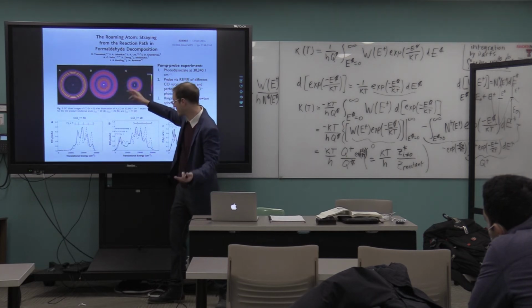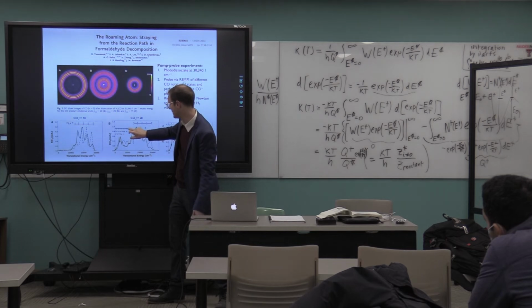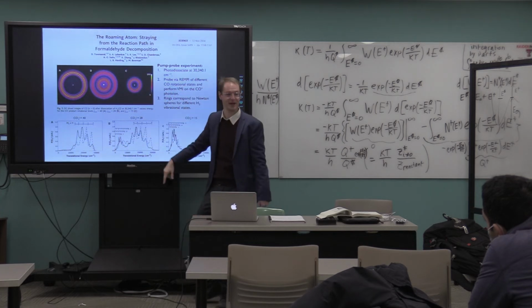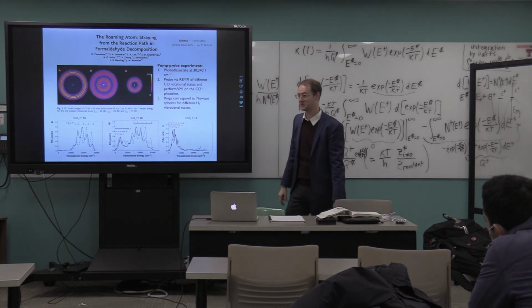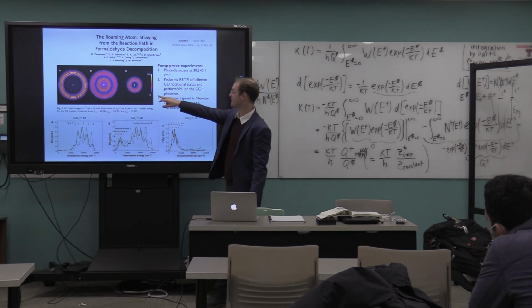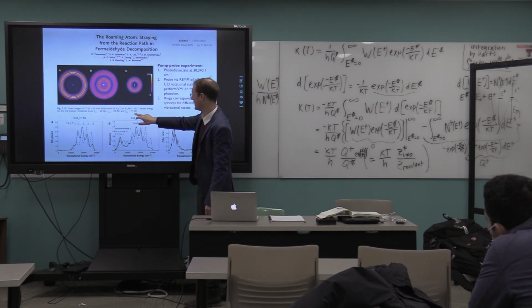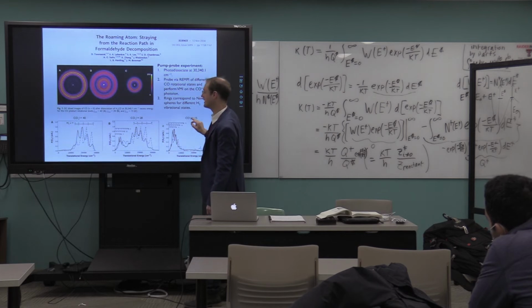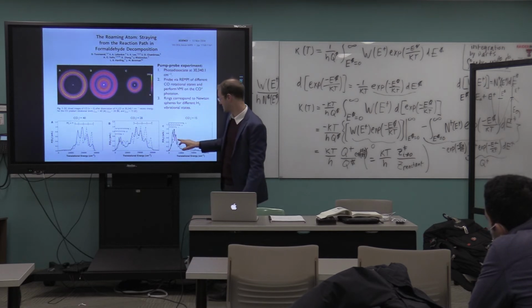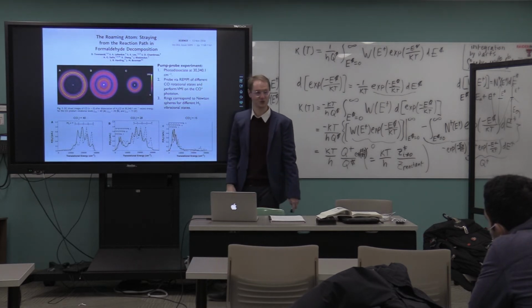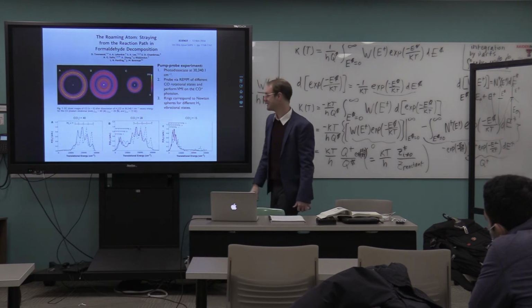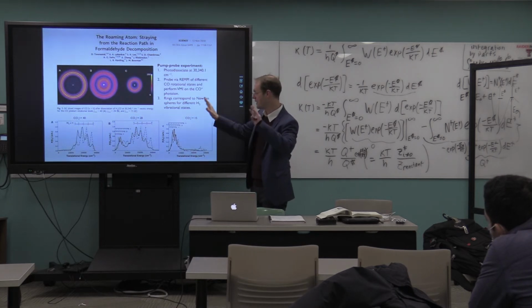If you calibrate the energies, you can see that this corresponds to V equals 7, 8, 9, something like that, of the H2. And if you do REMPI on the CO fragment in J equals 15, then you only see these really vibrationally excited H2. Okay, so it looks like there's a bimodal distribution.